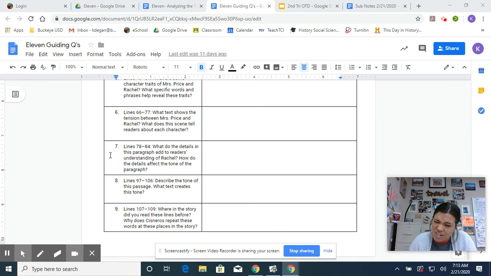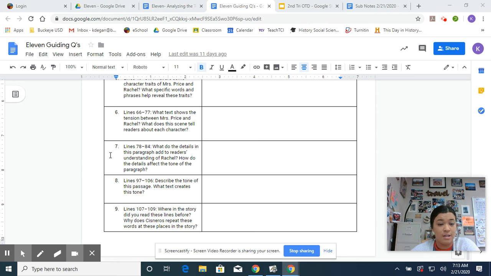So as you're reading that part, you feel what she's feeling because of the sensory details, okay? And this clearly shows that Rachel is disgusted and she is miserable. She does not like this situation. She's not into it.